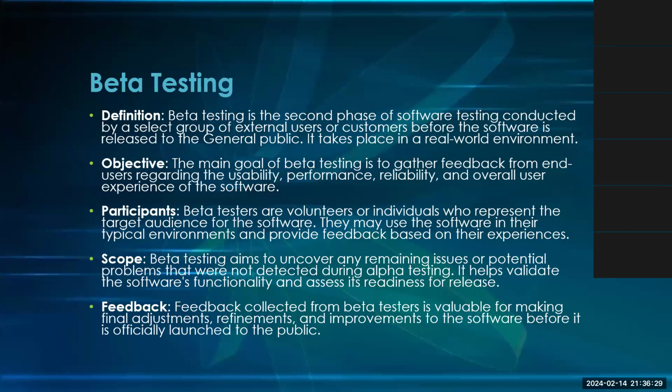Or sometimes it can also be through defect communication with the dev team. As we can see, the feedback is valuable for prioritization, bug fixes, making enhancements and refining the software before it is released to end users.